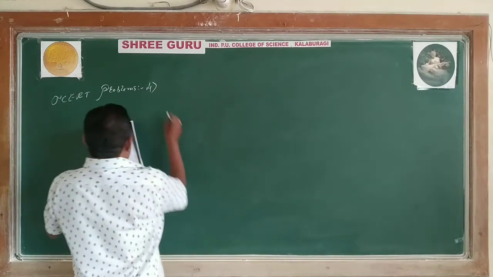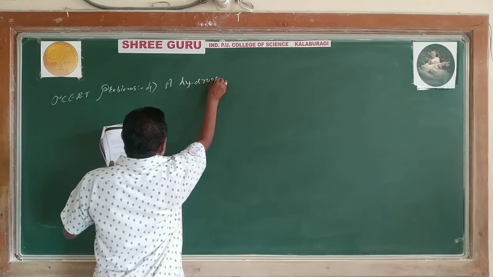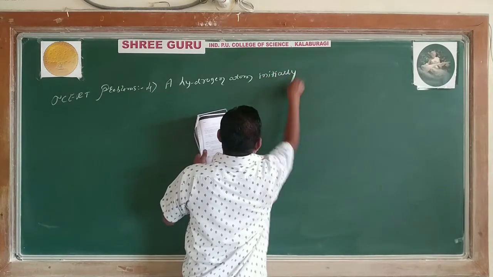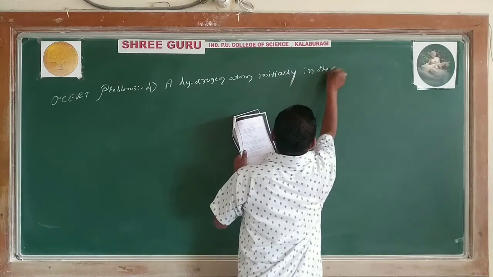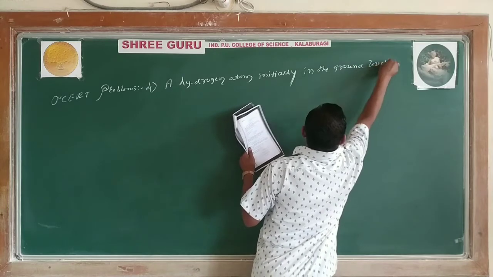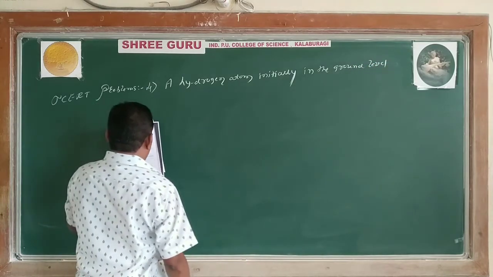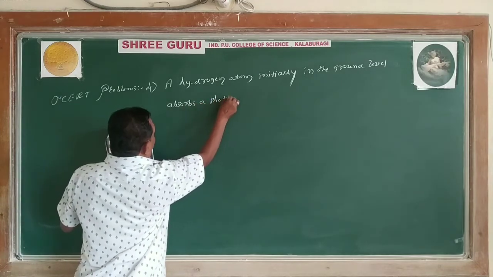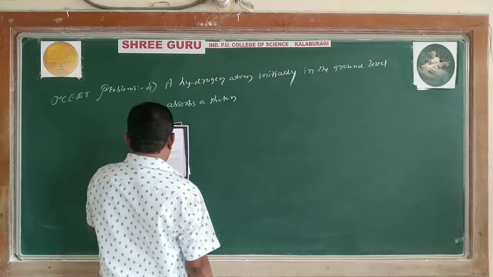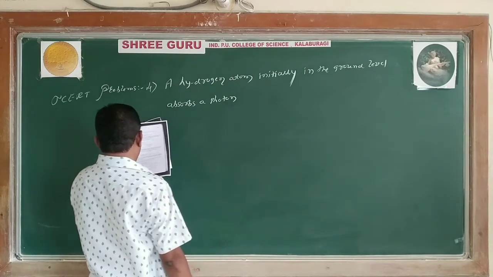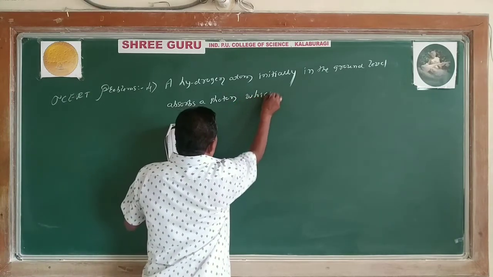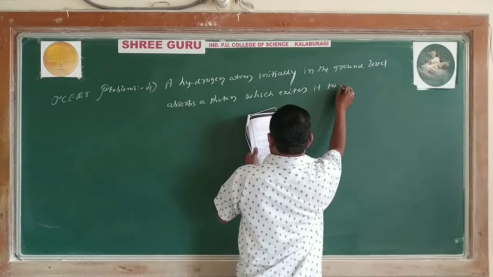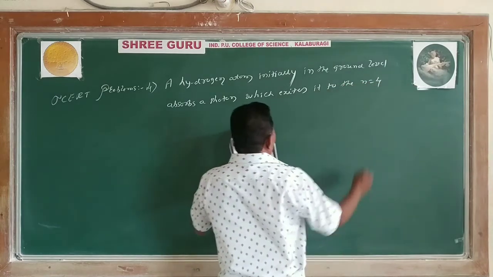The fourth problem: a hydrogen atom initially in the ground level absorbs a photon, which excites it to the n equals 4 level.